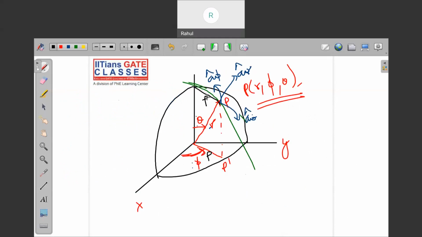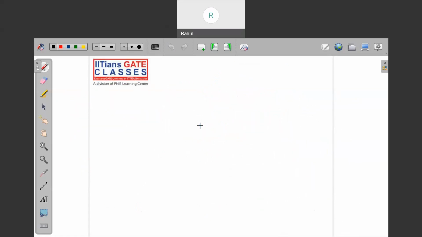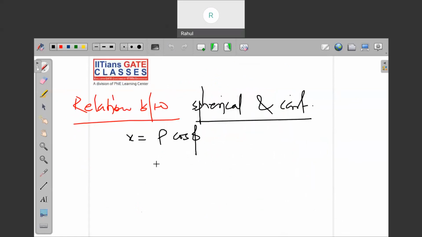So what is rho here? This is rho, right? And the rho will be basically r sine theta. Okay, rho is going to be, from this triangle, okay, you can find. Rho will be equal to r sine theta. Okay, and z will be r cos theta. So let me write here. Yes, so in place of rho, you can place r sine theta cos phi. So this is equation number 1.